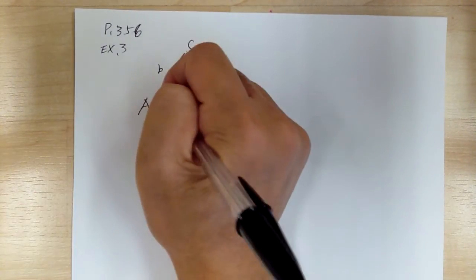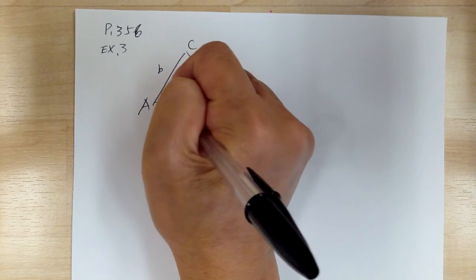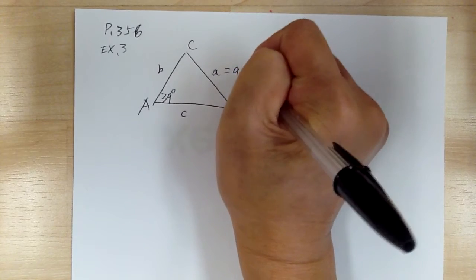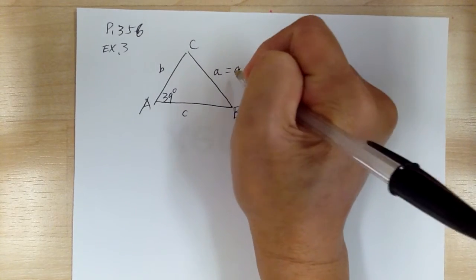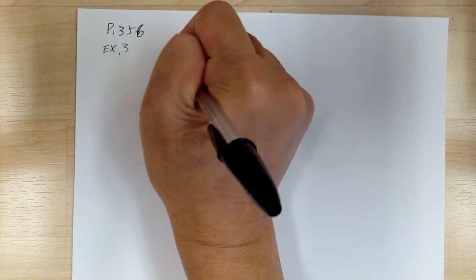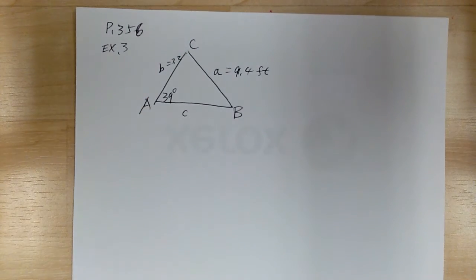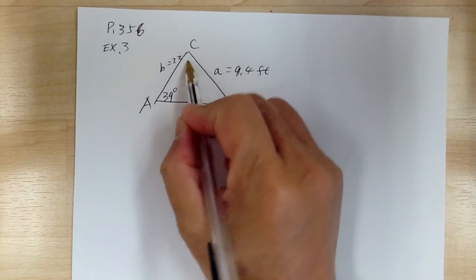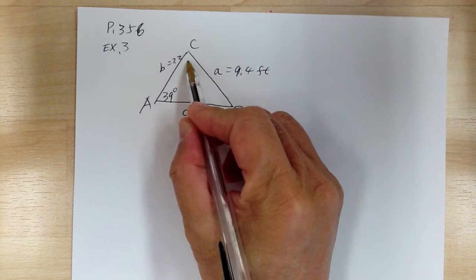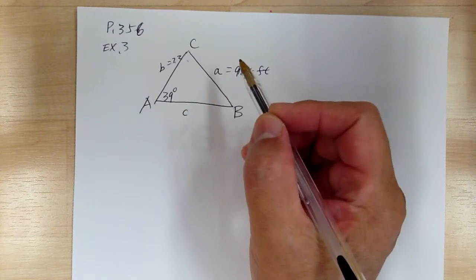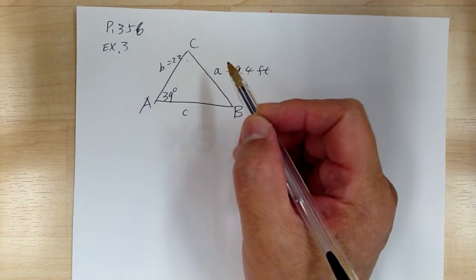Alpha is 39, small a is 9.4, and b equal to 7.2. So this is the two-sides situation, but the problem is you need the angle between them, angle C, and you don't have it. So you have to use the law of sines.